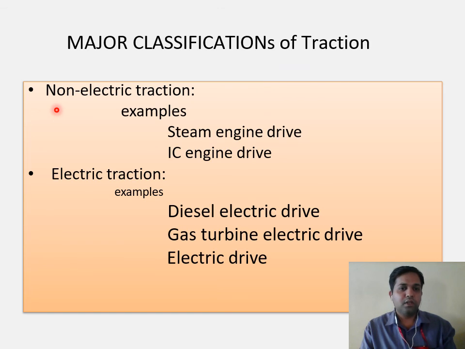As I told, there are two types: one is non-electric traction system, one is electric traction system. The examples of non-electric traction systems are steam engine drive and IC engine drive. The examples of electric traction systems are diesel electric drive, gas turbine electric drive, and electric drive. So these are the two major classifications of traction system.